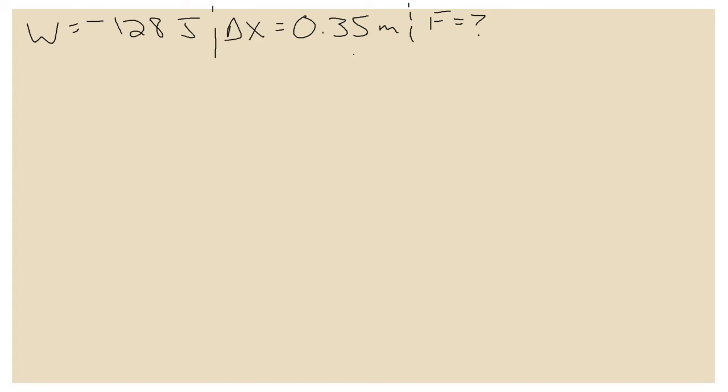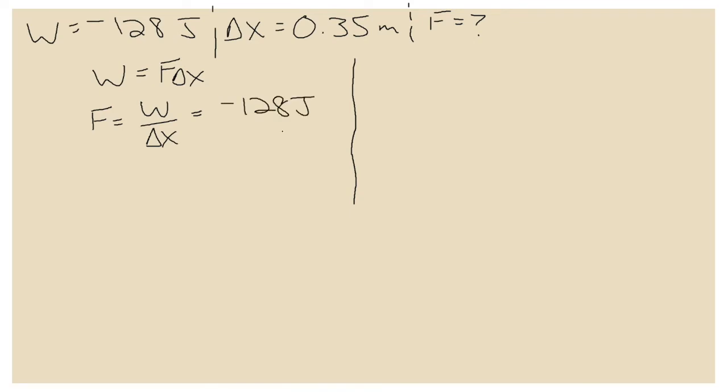Because this might be a little confusing, I'm going to show these side by side. The first way you could do it is you could just say work equals force times displacement. And that would give you the force is equal to the work over the displacement. And so that would give you negative 128 joules over 0.35 meters. And so that means our force is going to be negative 365.7 newtons.